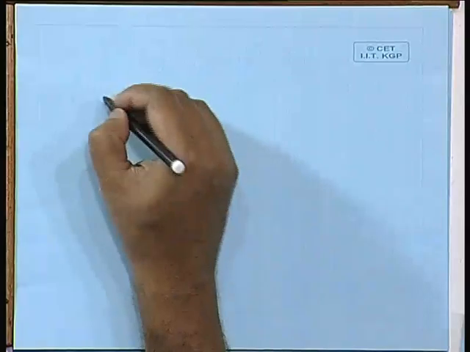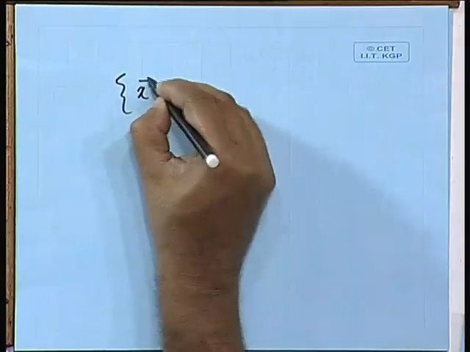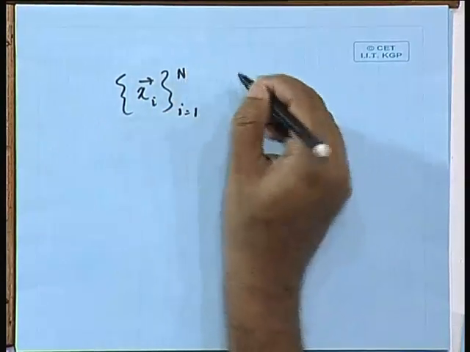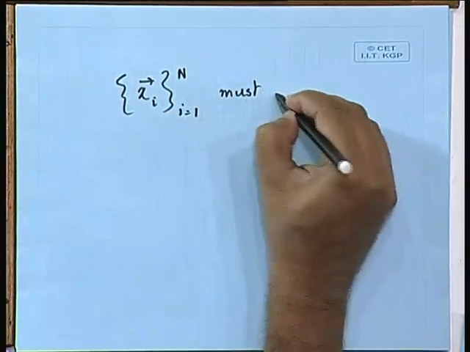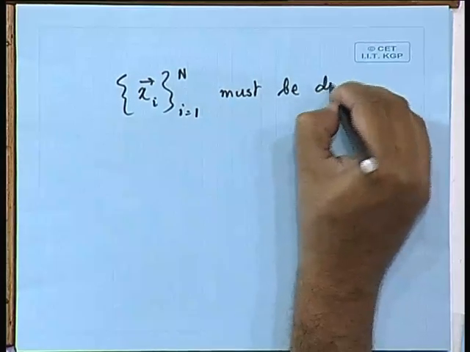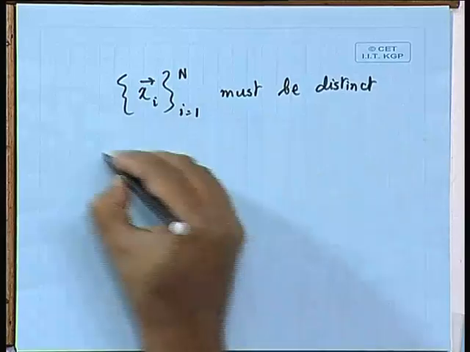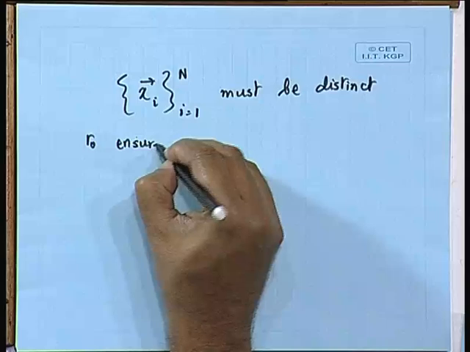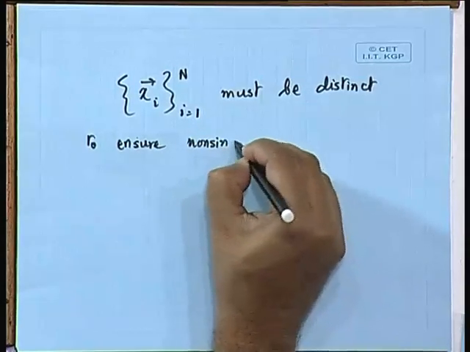The only restriction, and I think it is quite logical also, is that the set of xi's that you are choosing must all be distinct. So, if we take xi for i equal to 1 to n, all these must be distinct to ensure non-singularity of the phi matrix.